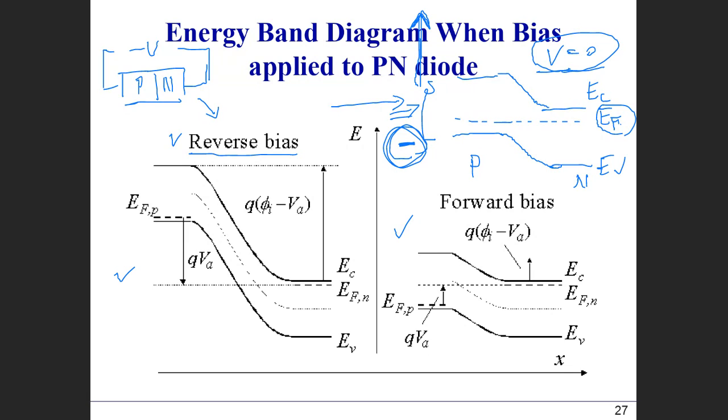The EF in the P side and the EF in the N side are not going to be aligned. They are not going to be constant, because we apply the negative potential on the P side. So EF in the P side is going up, and this increase of the energy is represented by the applied bias with this value.